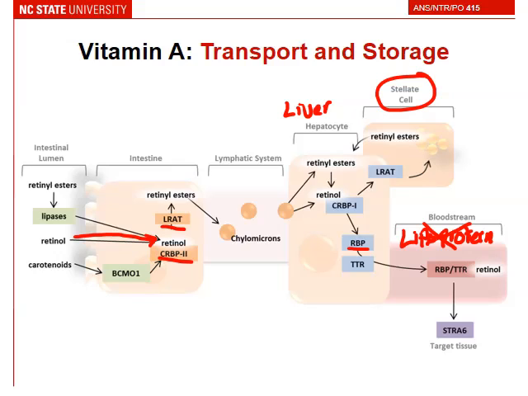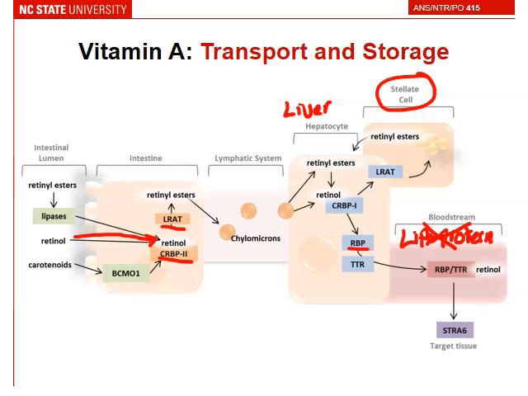So this is mainly where they store vitamin A. And this is the whole reason why liver is a great source of vitamin A. And I believe the polar bear liver actually has toxic levels of vitamin A. So if you were to consume a lot of polar bear liver, which probably is not anything likely that any of you will do, but eat it in moderation so you don't get vitamin A toxicity.